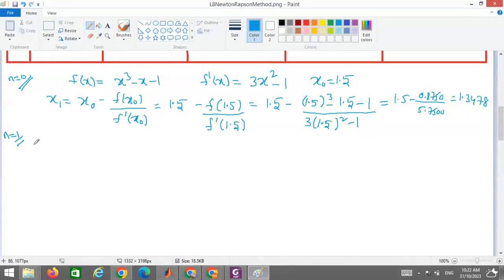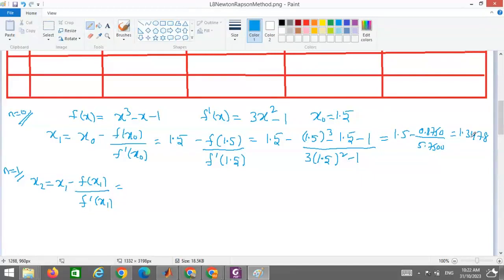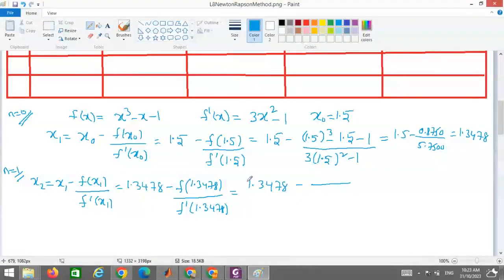The x1 value we already have: 1.3478. So x2 is 1.3478 minus f of 1.3478 divided by f dash of 1.3478. Now just find out what values you get.